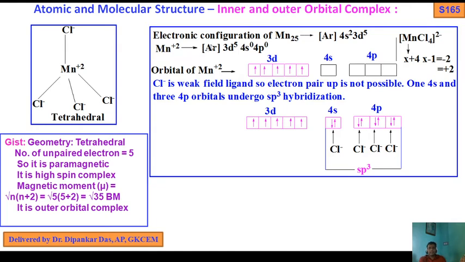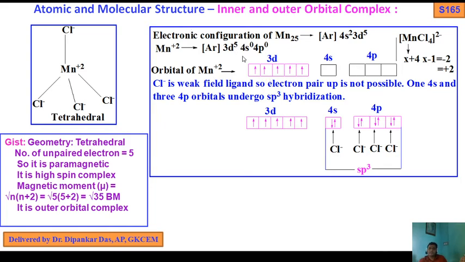Now Mn2 plus, it loses 2 electrons, and those 2 electrons go from the 4s orbital. So we have Mn2 plus, argon 3d5, 4s0, 4p0. Now the orbitals of Mn2 plus.